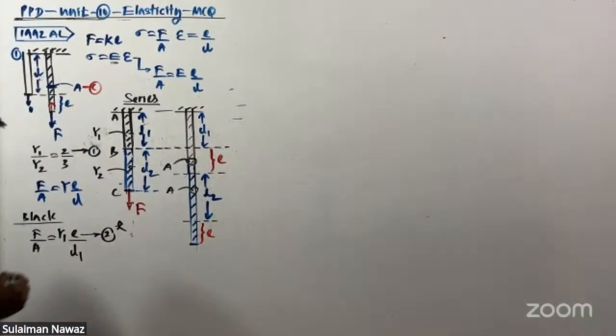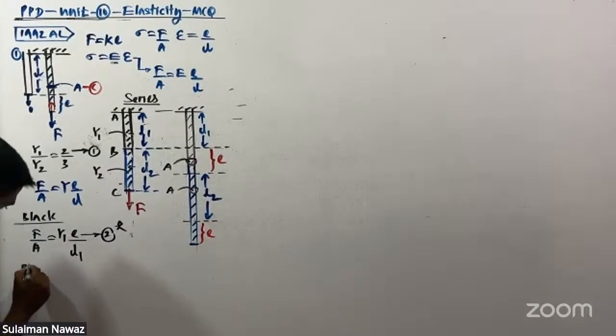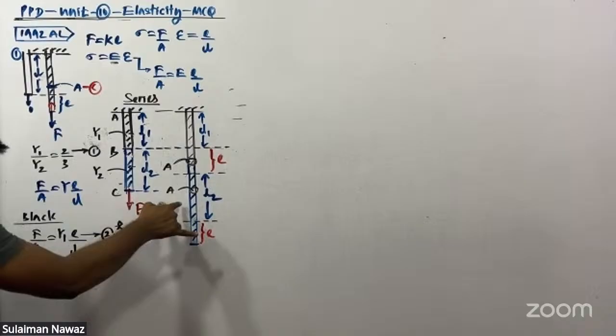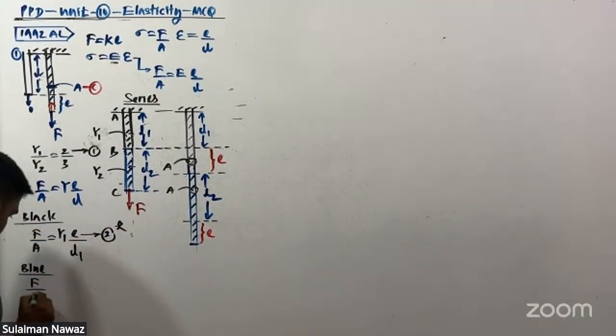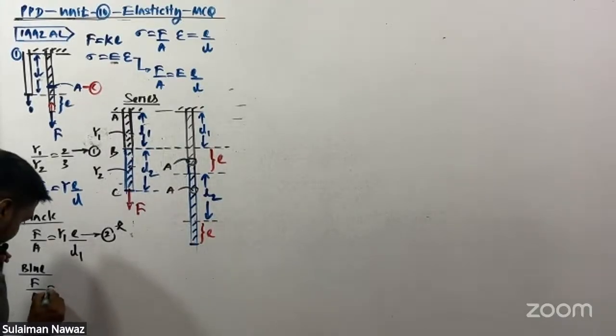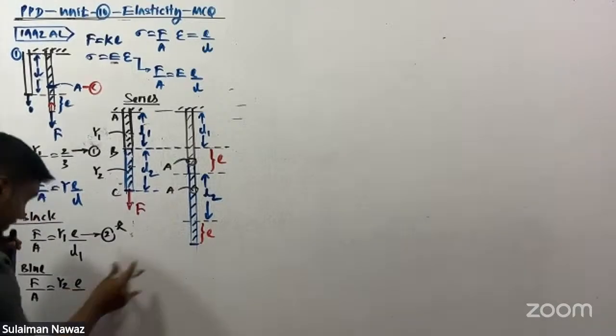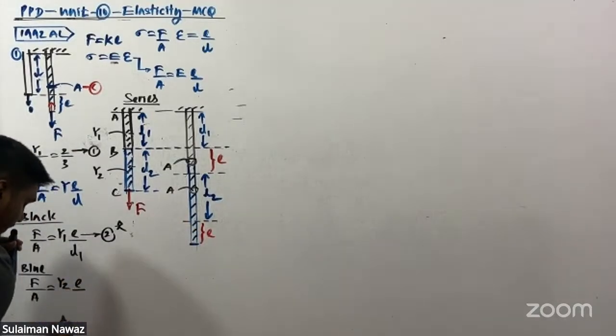Then you can apply the same equation for the blue color rod, rod number 2. The force acting on the blue color rod is also F. The area is the same area A. The Young's modulus of the blue color rod is Y2. The extension of the blue color rod is also the same e. The natural length of the blue color rod is L2.